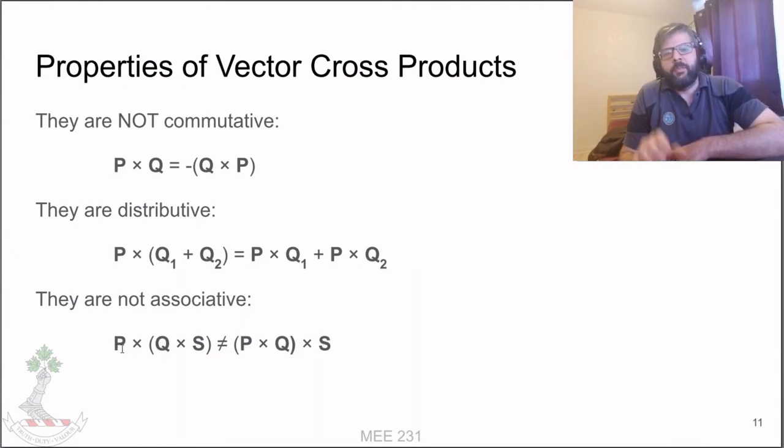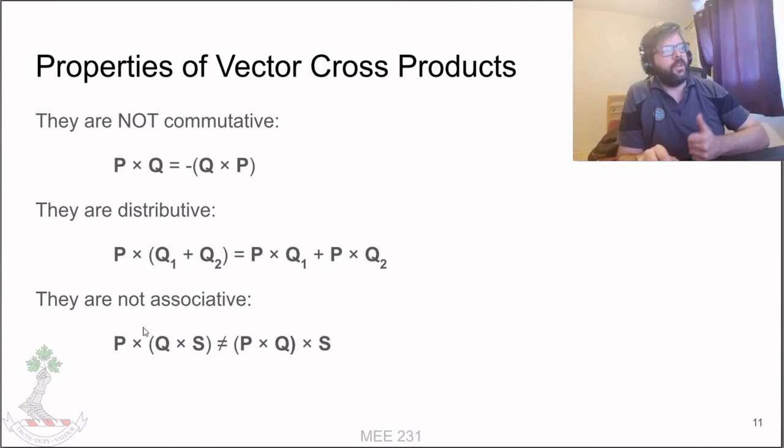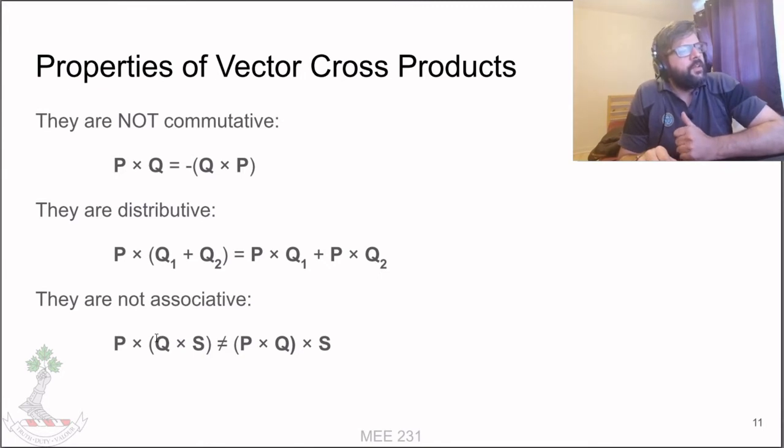Say, for example, let's say that Q and S here are both unit vectors in the x direction, then essentially Q cross S, because they're parallel, would be 0. So it'd be P cross 0, this whole thing 0. Whereas P cross Q, say P was a unit vector in the y direction.